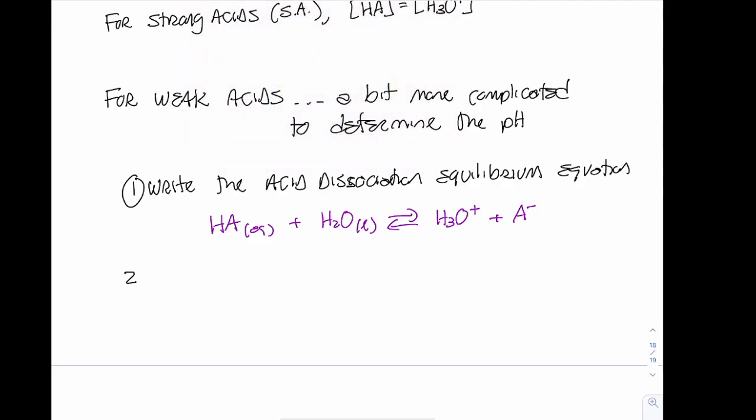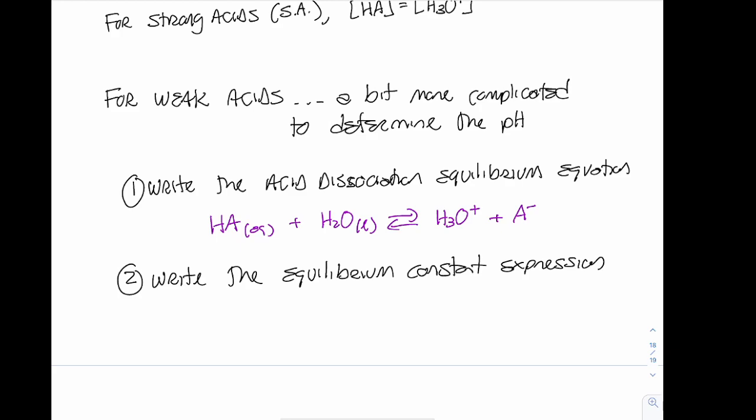We're going to write the equilibrium constant expression. Right, we're going to set that equal to our equilibrium constant. So capital K, remember, represents our equilibrium constant, and then I'm going to put a subscript A for acids.